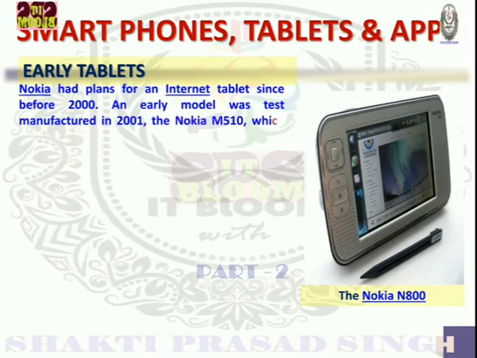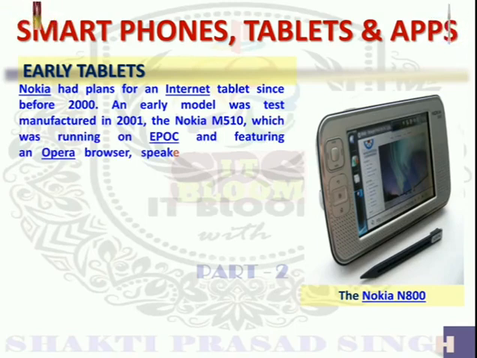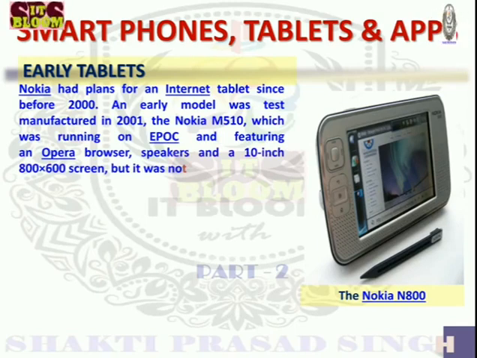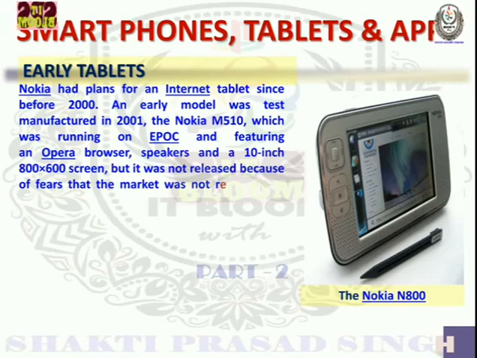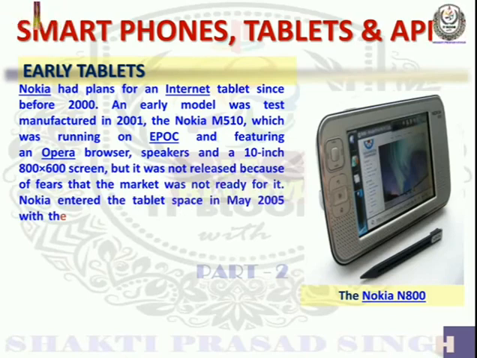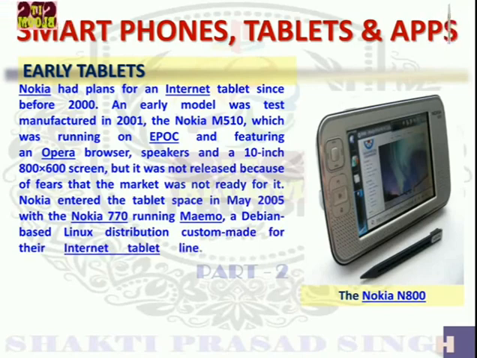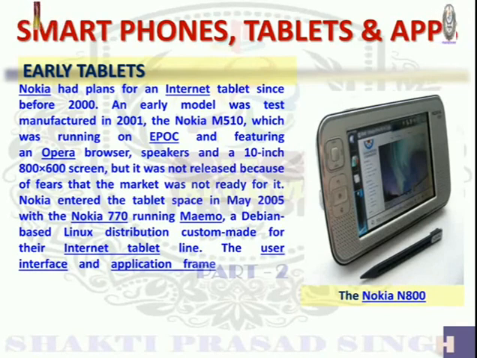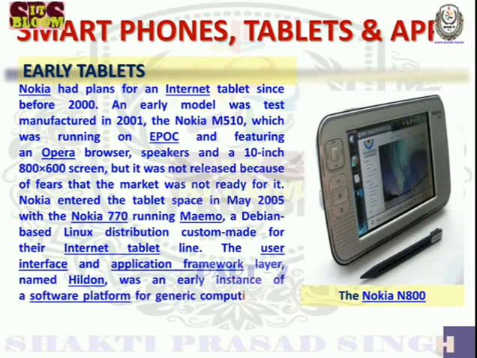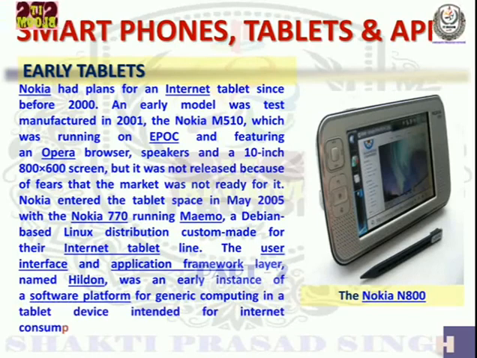Nokia had plans for an internet tablet since before 2000. An early model was test manufactured in 2001, the Nokia M510, which was running on EPOC and featuring an Opera browser, speakers, and a 10-inch 800x600 screen resolution.